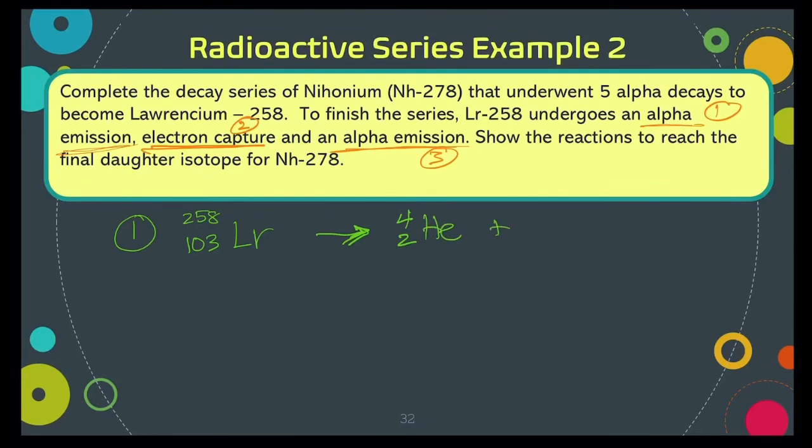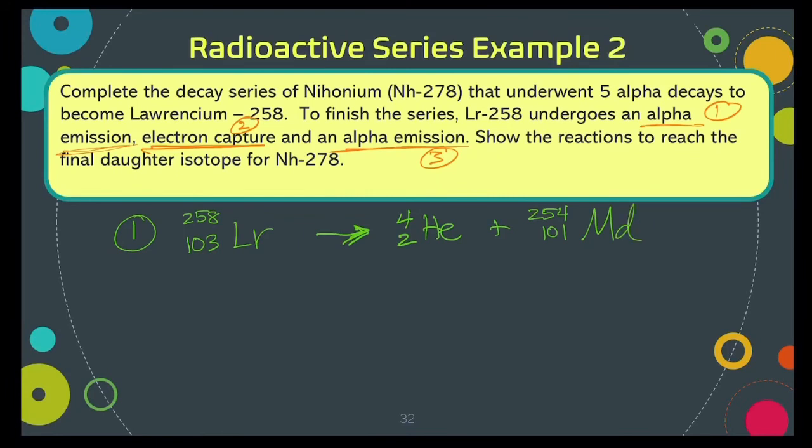Okay, fill in the blanks for your daughter isotope. So 254 at the top, 254 plus 4 gives you 258. And then at the bottom, we have 101. Next to that, we're going to write our element symbol. So go ahead and look up 101 on the periodic table. And that atomic number belongs to mendelevium.